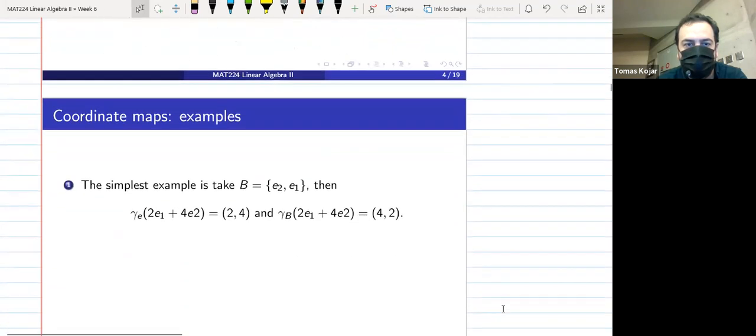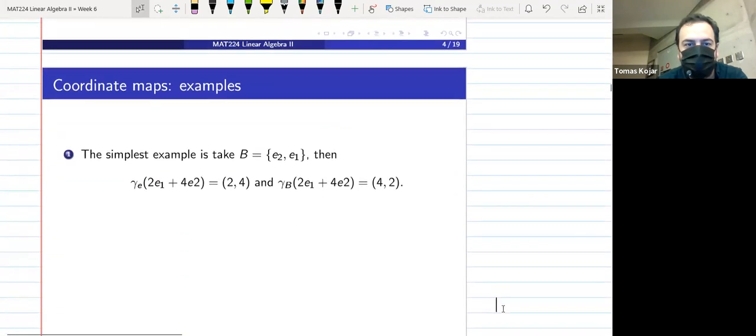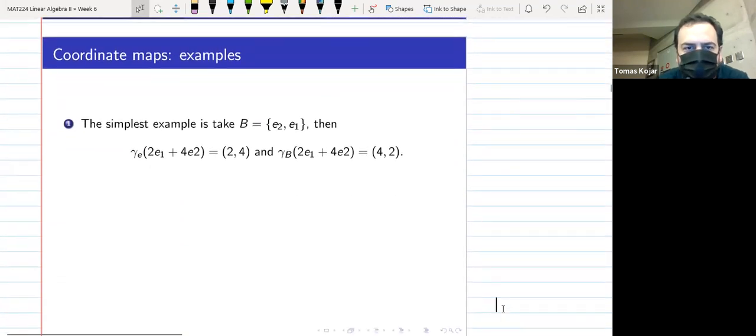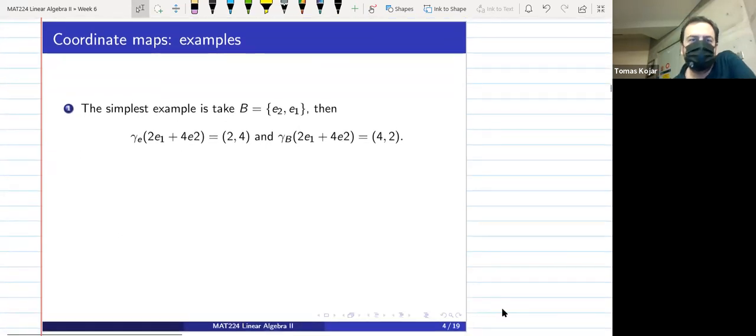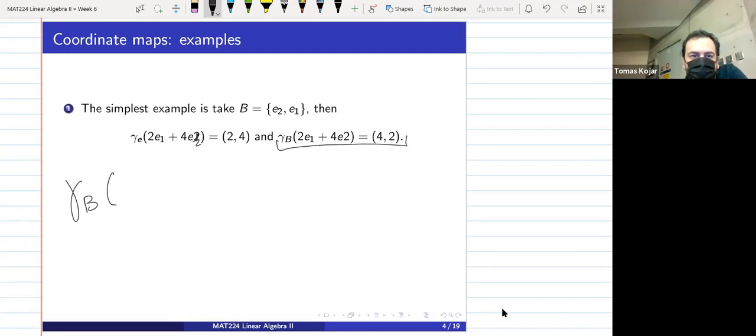Right, so then what am I doing here? Oh, I'm computing. Yeah, whatever. Oh, I see what I'm doing. Okay, let me do this one first that we just talked about. So gamma B of 2E1 plus 4E2.